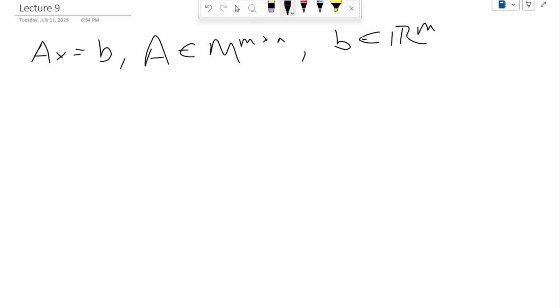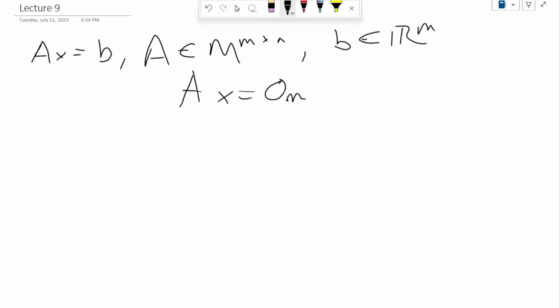Now it turns out that not all linear systems are created equal. Some are more important than others. And in fact, perhaps the most important linear system is the system that looks like Ax = 0.